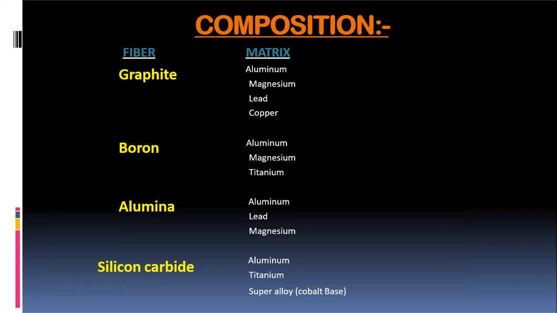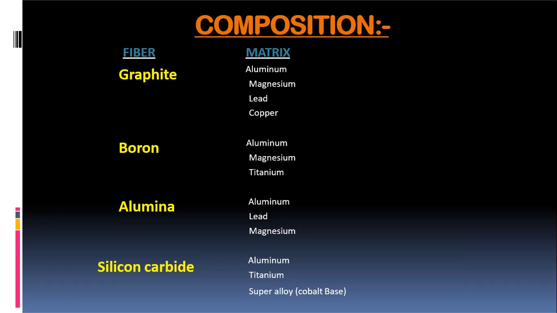Next, composition. So what is the general composition of the metal matrix composites? We have seen different types of compositions: graphite, boron, alumina, and silicon carbide. So each has a different matrix. First of all, the graphite has the aluminum, magnesium, lead, and copper matrix.